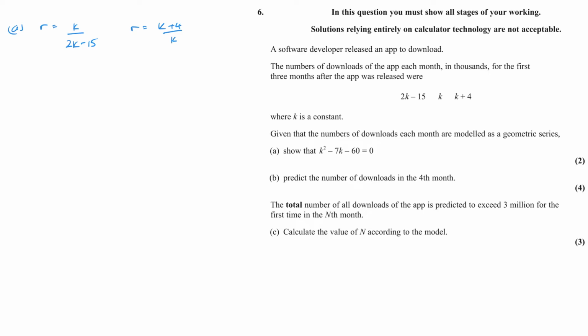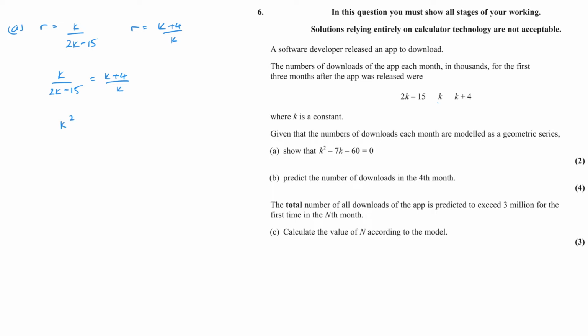Because R is what you multiply this by to get to this, and what you multiply this by to get to this. So using the second term divided by the first term and the third term divided by the second term to find R, and then what I do is equate them. So both of these are R, which means that this equals this. So therefore k over... sorry, 2k minus 15 over k equals k plus 4 over 2k minus 15.